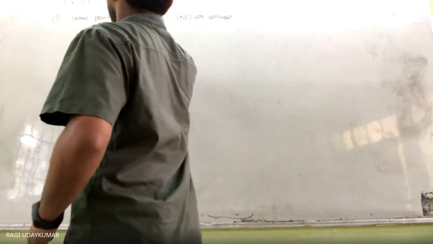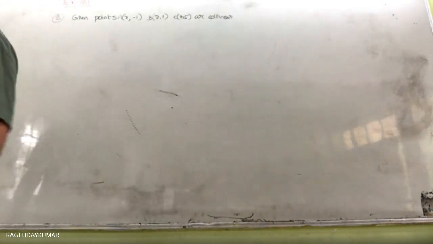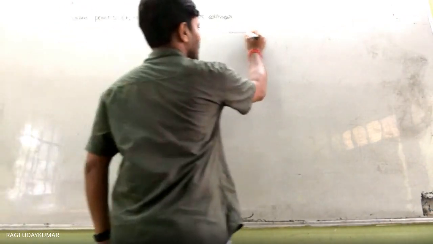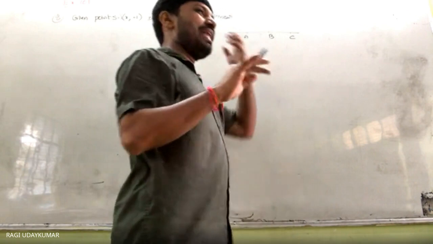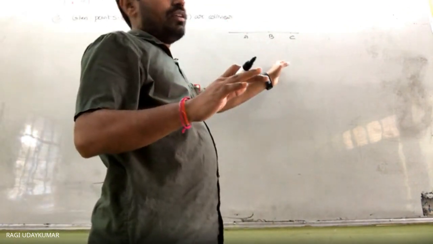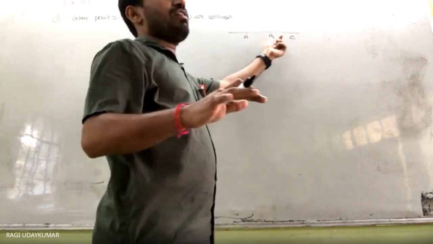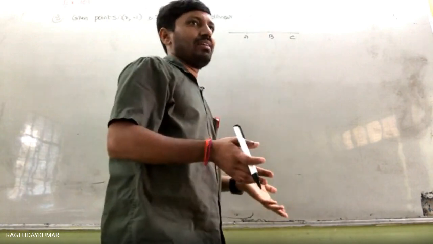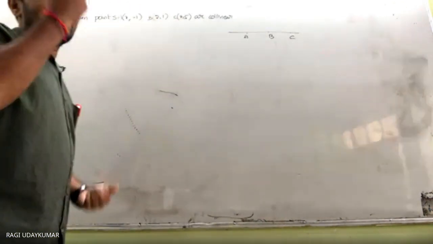Let us consider these points as A, B, C. If they are collinear, they lie on the same line like this. We don't know whether B lies between A and C, just an assumption. So slope of AB will be equal to slope of BC. Slope of AC will be equal to slope of BC. The slope of any two lines, because the 3 points lie on the same line.